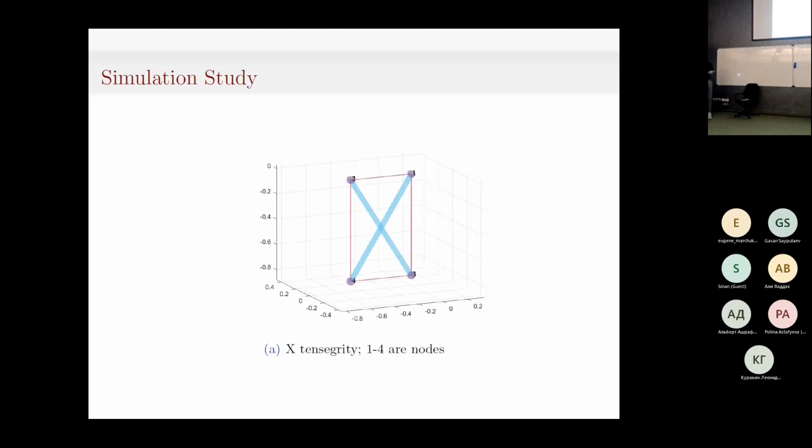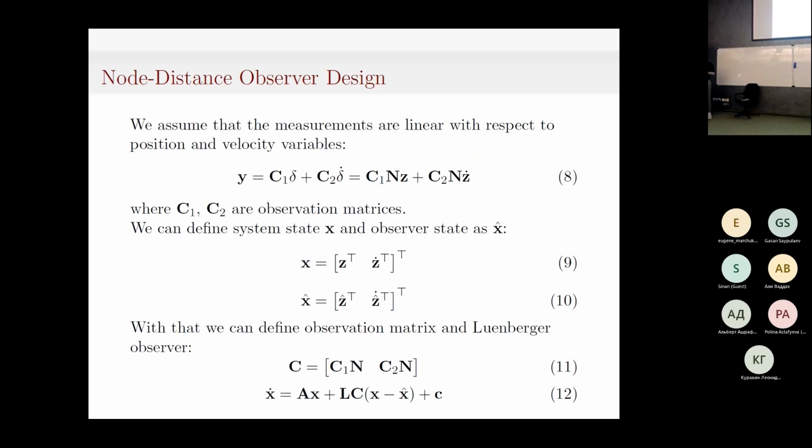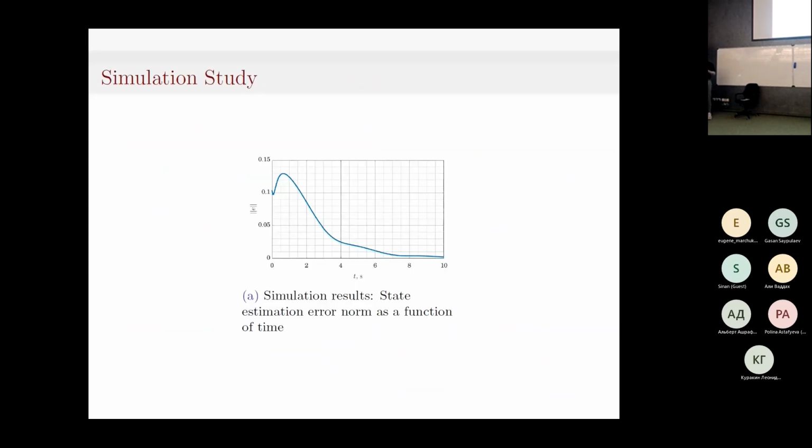Then we conducted an experiment on an X-shaped tensegrity structure with 4 nodes, and we applied a control for a state space shown in formula 12, and obtained an estimation error norm for all 4 nodes.